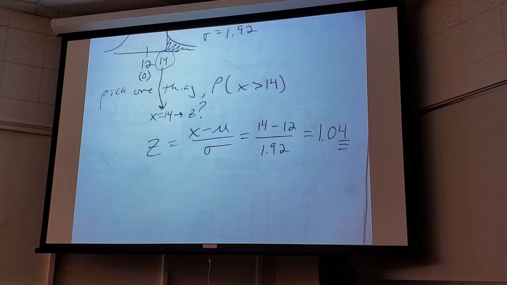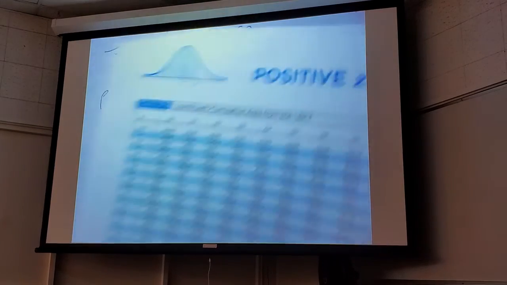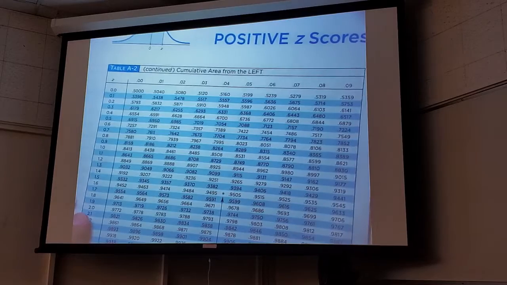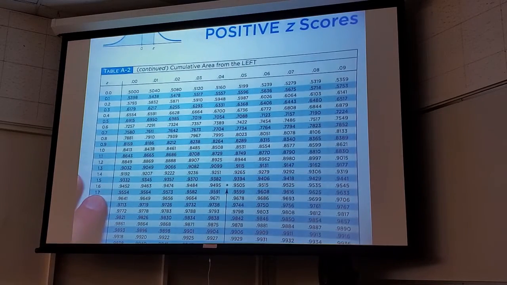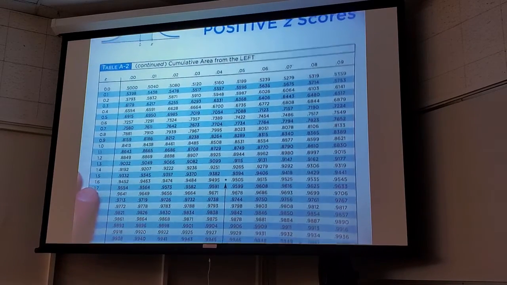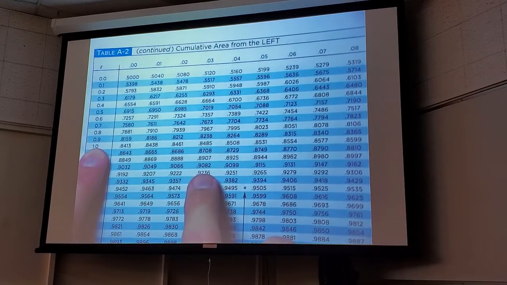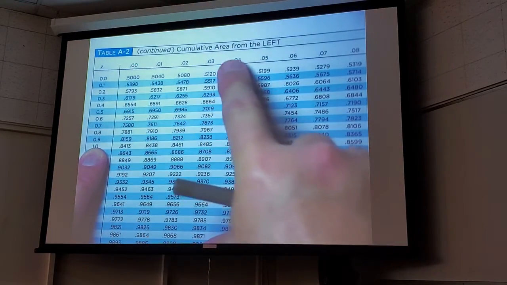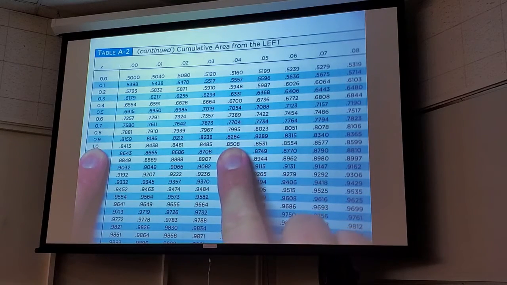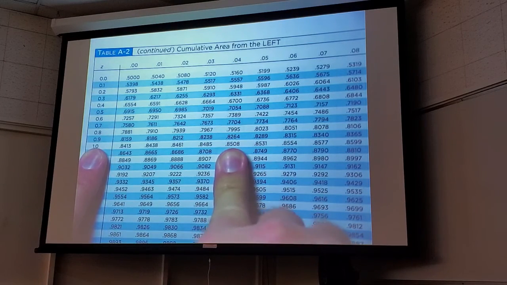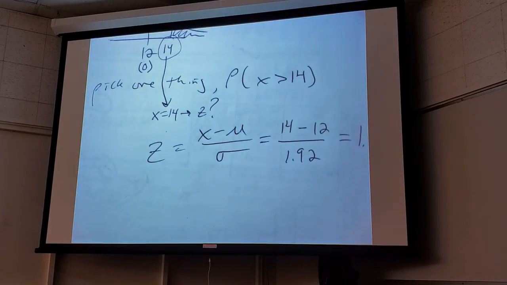All right. So if I look up 1.04, am I going to get the actual answer? No, we're not. Let's do it anyway. 1.04: 0.8508. That's not the answer, but why is it still useful? Because where does it go in the picture?